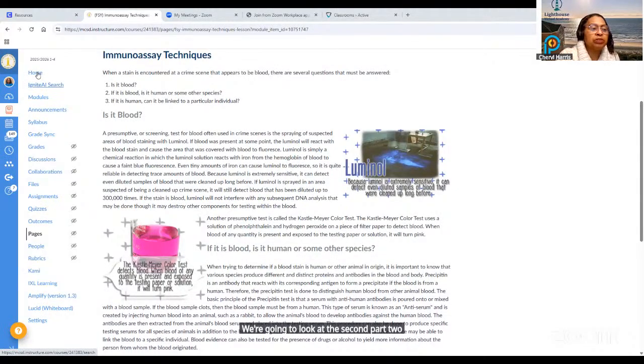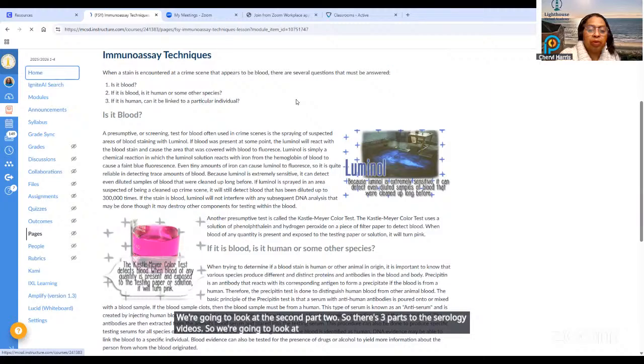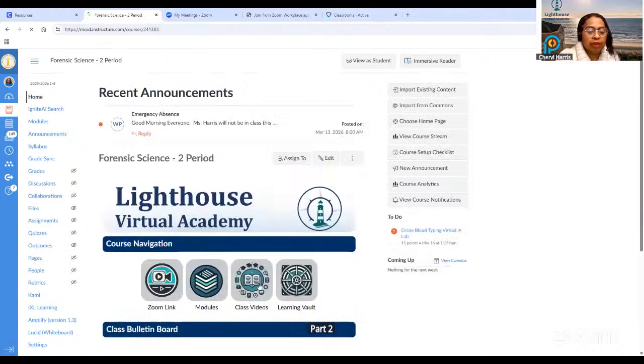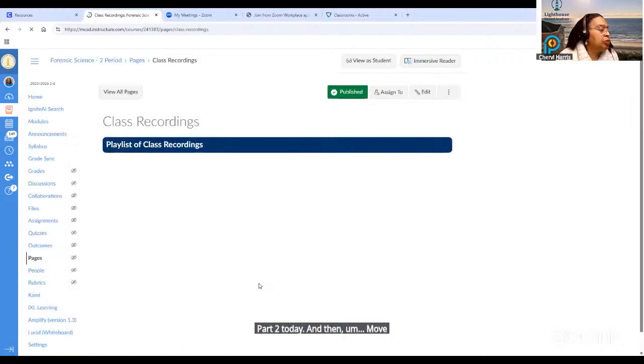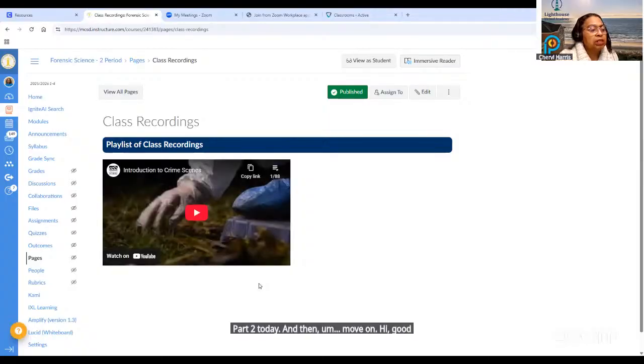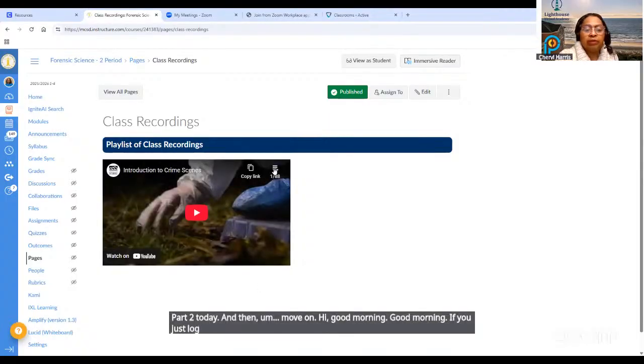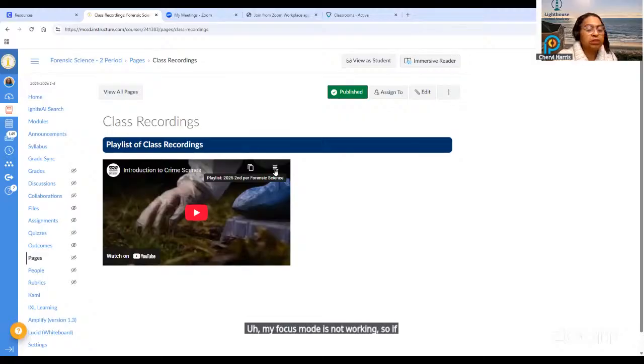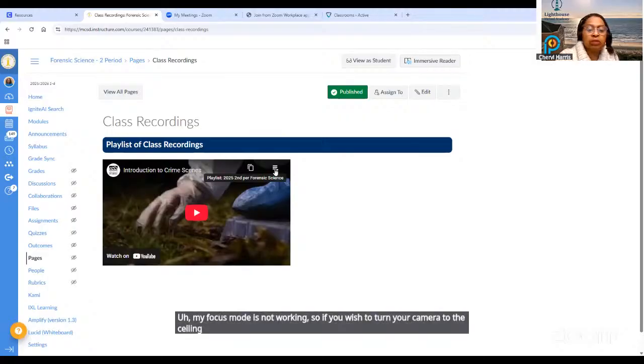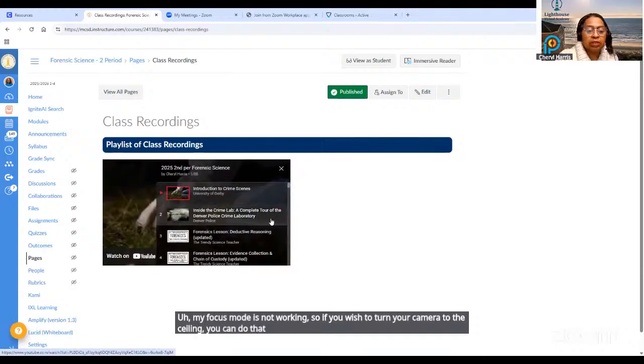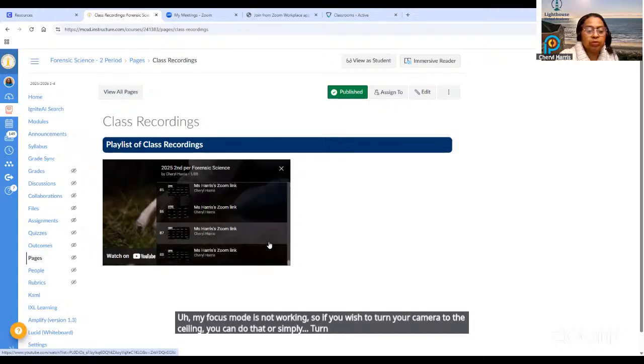There's 3 parts to the serology videos, so we're going to look at part 2 today, and then move on. All right, good morning. If you just logged in, my focus mode is not working, so if you wish to turn your camera to the ceiling, you can do that, or simply turn it off, because you will be on screen.